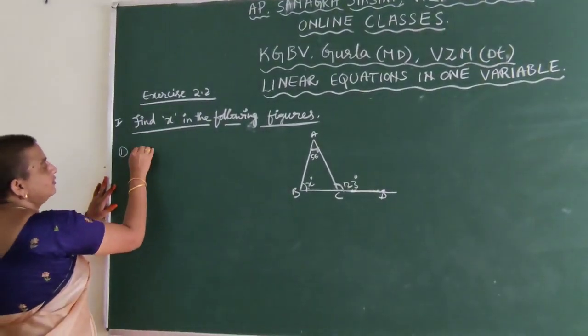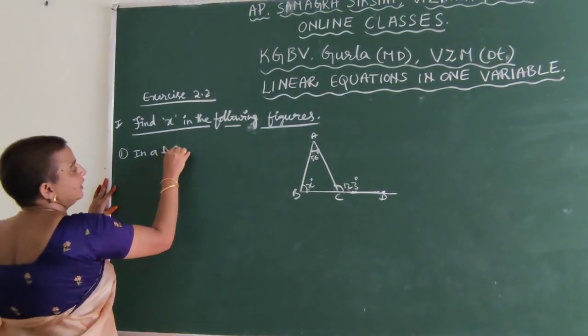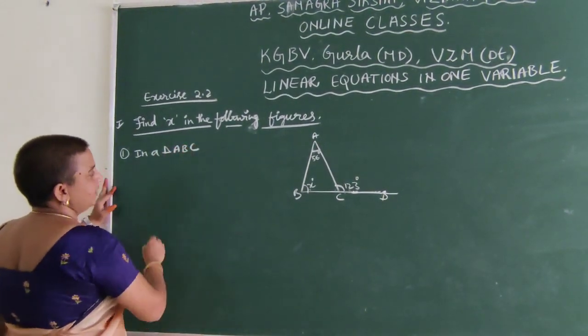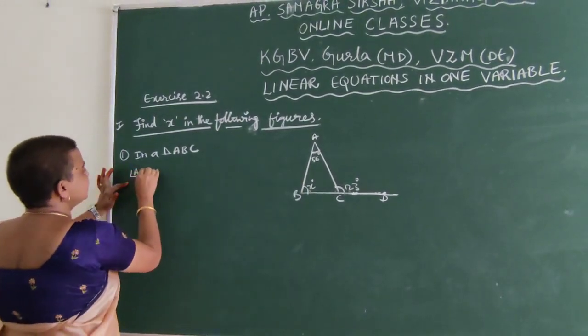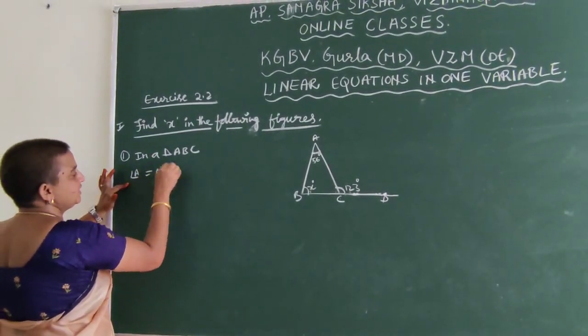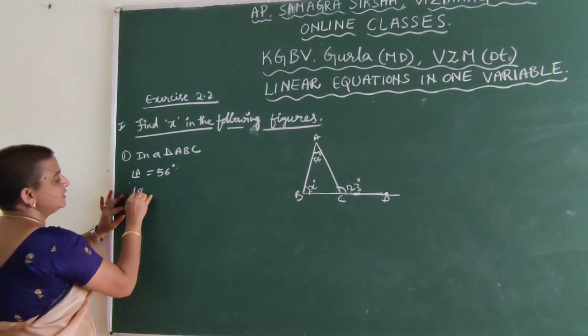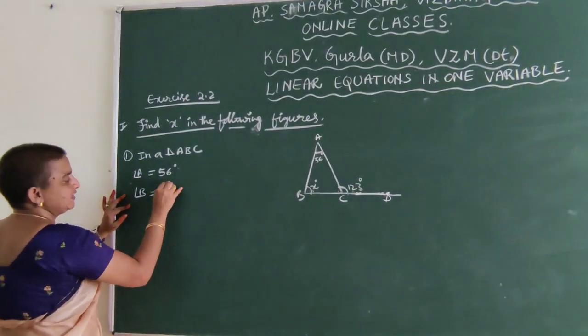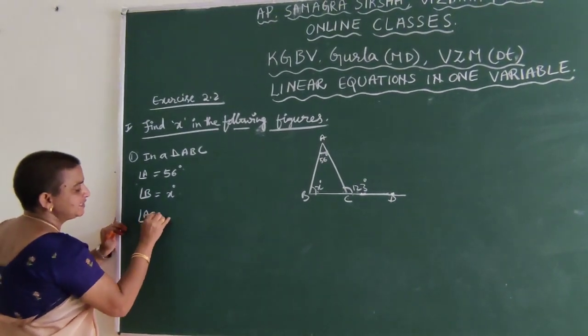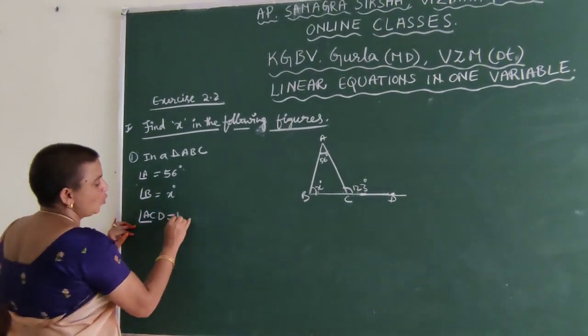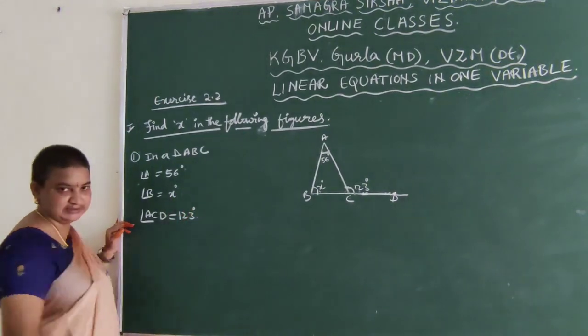Okay, in triangle ABC, interior angle A is equal to 56 degrees and angle B is equal to x degrees, and the exterior angle ACD is equal to 123 degrees.